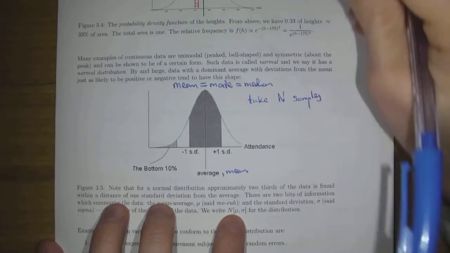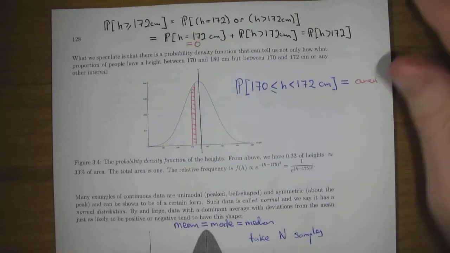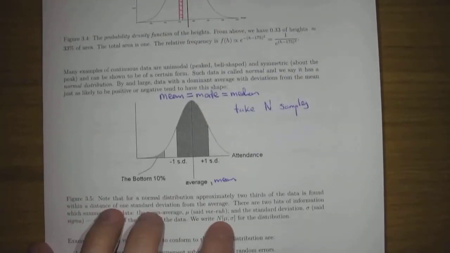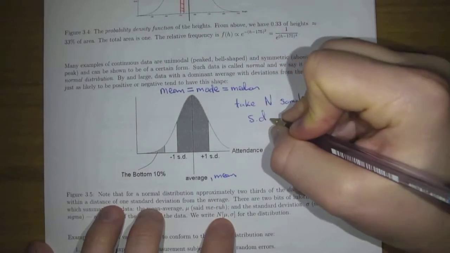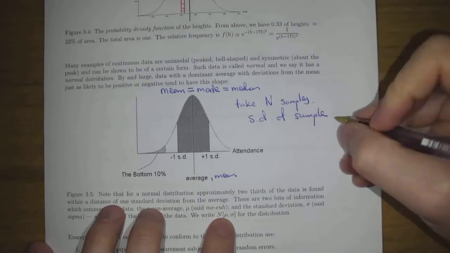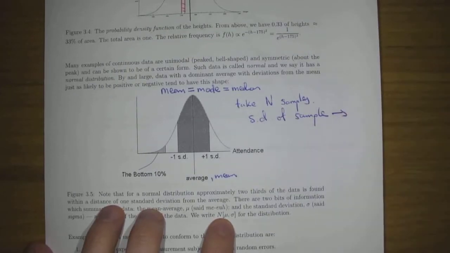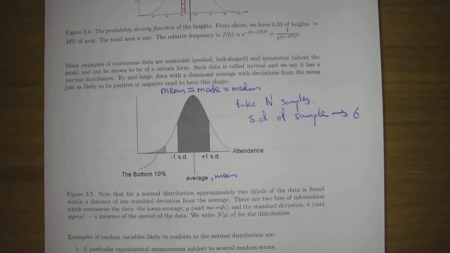So if this was a population of, say, billions of people, which it isn't, but imagine it is, take a very, very large number, and then the standard deviation of the sample converges, as n gets bigger and bigger, to some number. It's basically a measure of how spread out the data is.